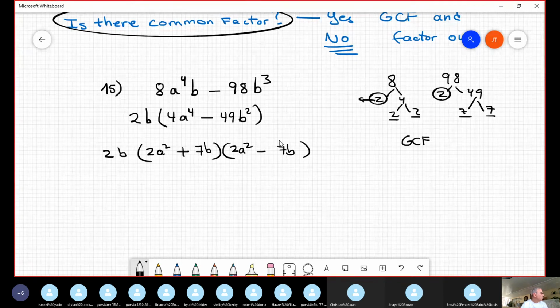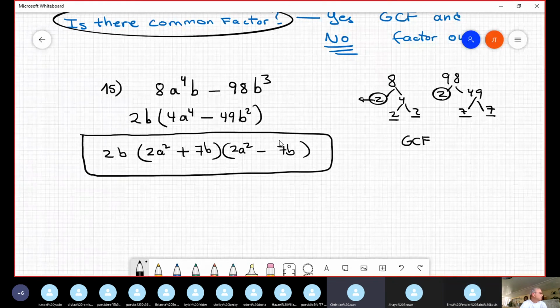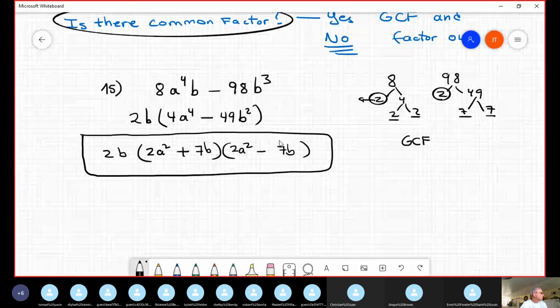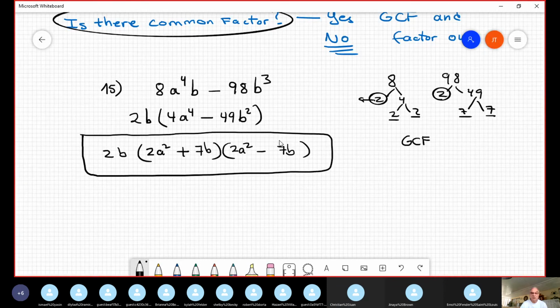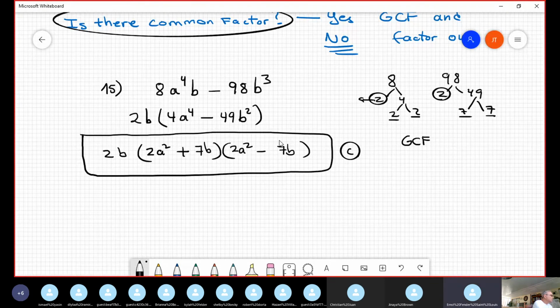Can we do more? No more. This is the answer, which corresponds with option C.